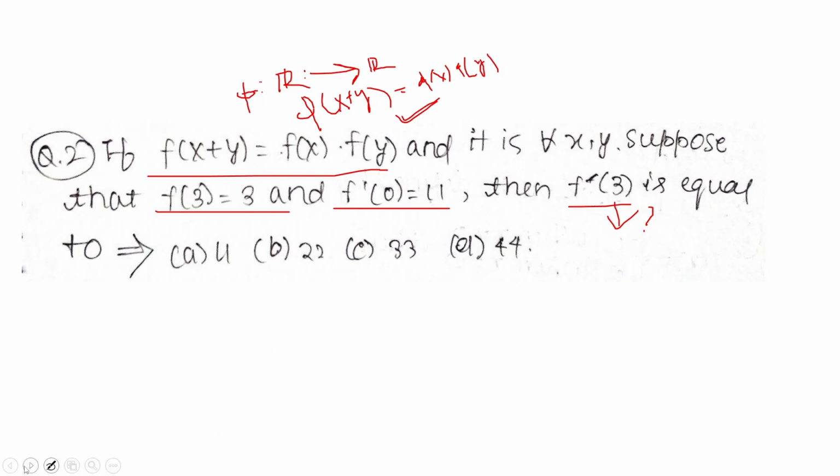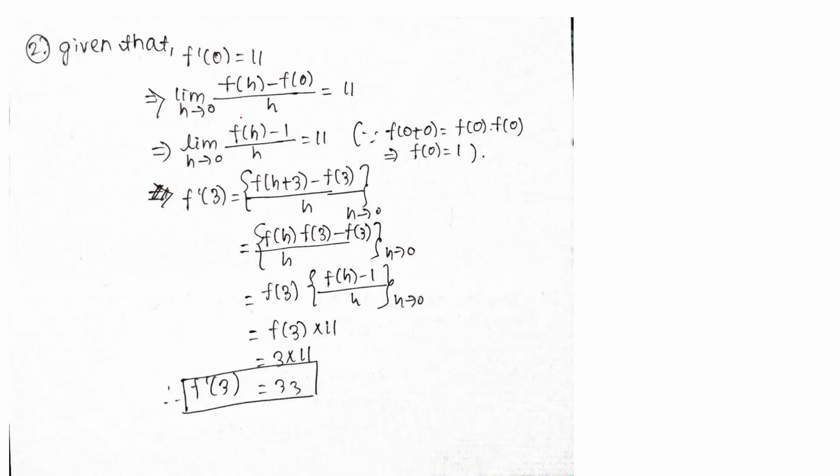What could be the final approach? What is the right approach? What can be another approach? We'll check on the definition again. So go to the next slide. Given that f dash of 0 equals 11, by the definition of differentiable functions, we already know that (f(h) minus f(0)) divided by h is the primary or basic definition.